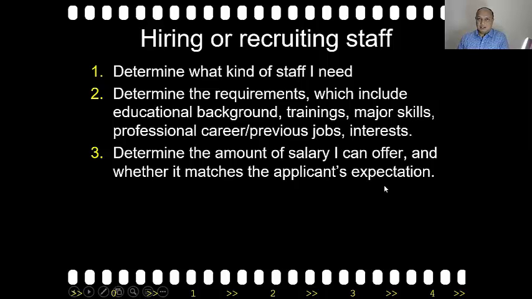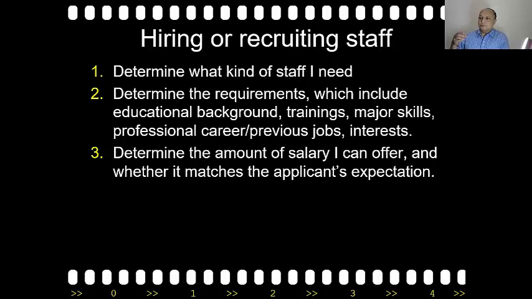So before I even put up some vacancy advertisements out there, I'll have to determine at least these 3 steps. Determine the kind of staff that I need, determine the position, and then determine the requirements.